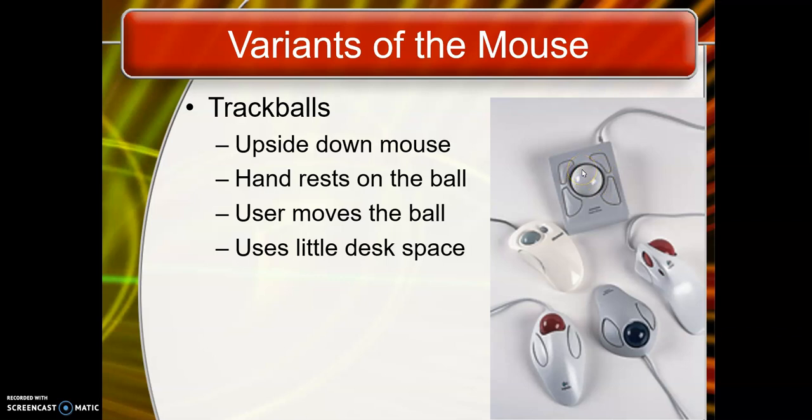And why is this trackball used? Here are a few of the properties. This is an upside down mouse and the hand rests on the ball, so it is quite easy and quite feasible according to the situation. Users move the ball, and it uses little desk space.